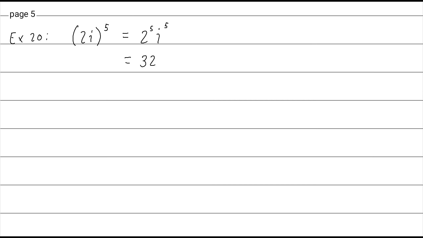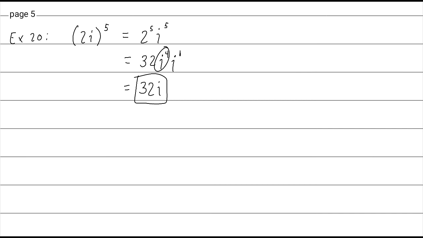For i to the 5th power, I need a multiple of 4 as close to 5 as I can get without going over. That's 4. That means I have 1 left over, I need 1 more to get to 5. So this equals 1. So that's 32 times 1 times i, 32i. There we go. That would be the last of those types of problems.